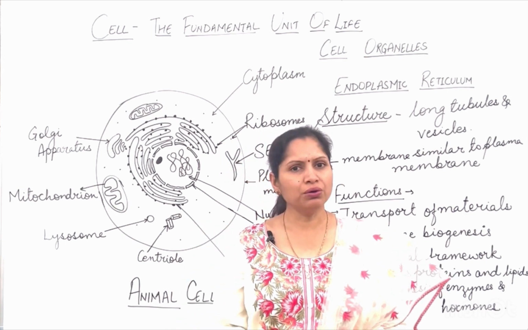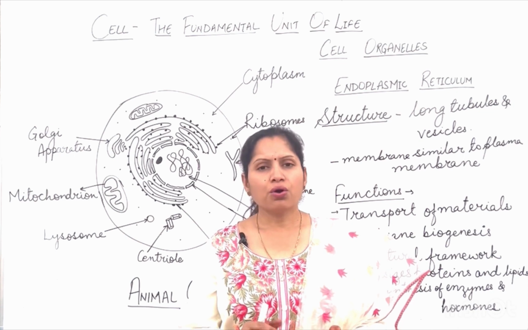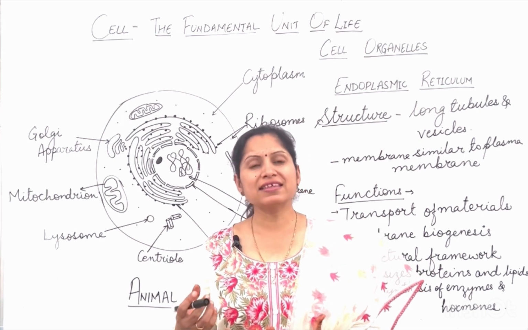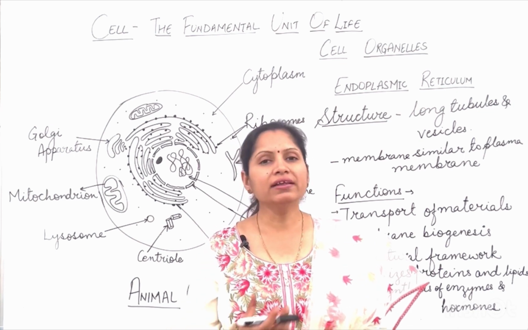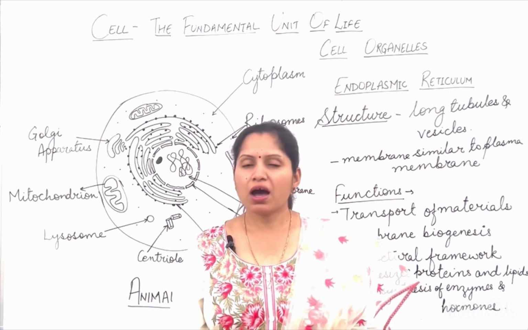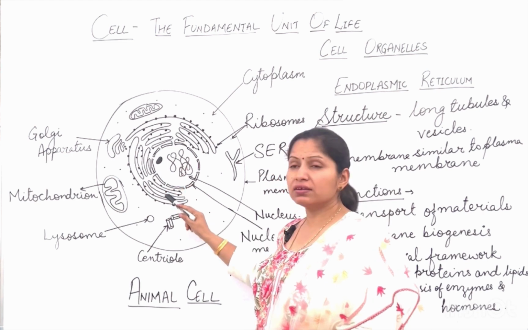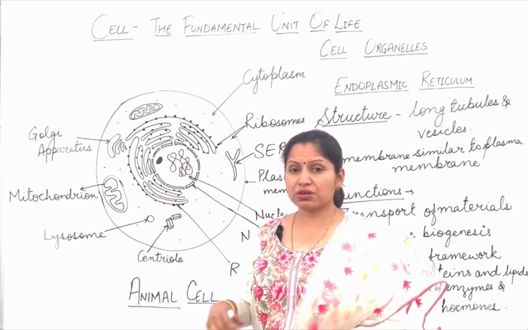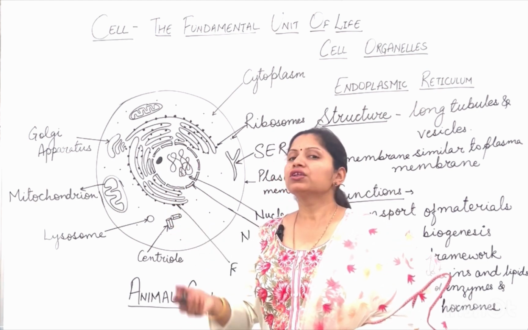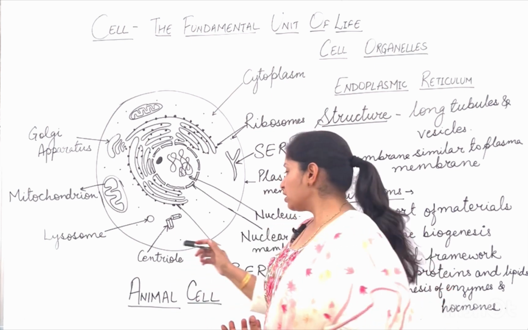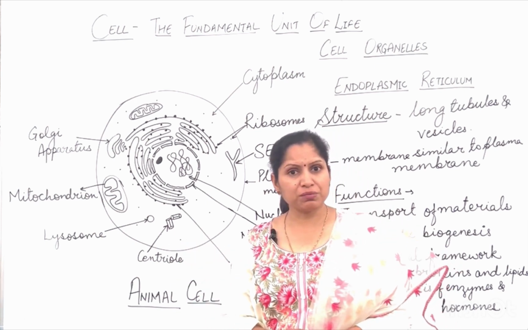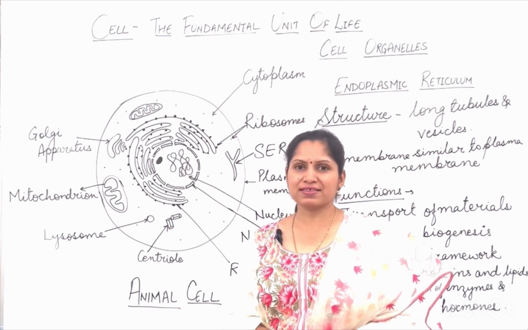And do you all know, enzymes, hormones, as well as all the cell membranes, they all contain proteins. Apart from that, this rough endoplasmic reticulum has ribosomes that manufacture proteins, and hence one of the functions of rough endoplasmic reticulum will be synthesis of proteins.